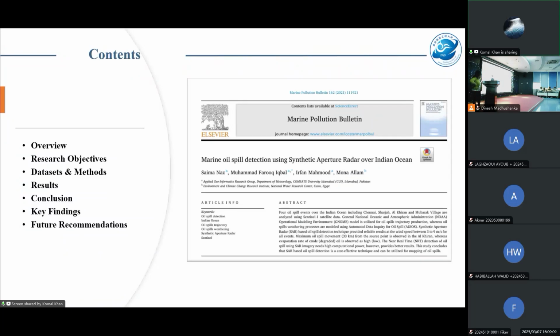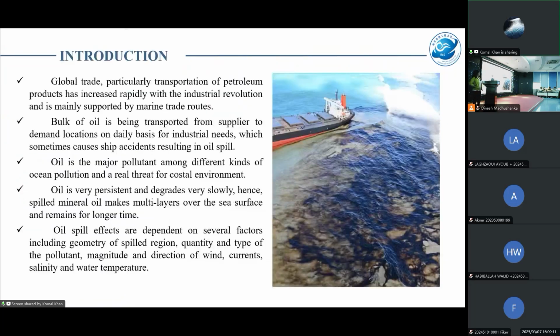How it happens? Basically, with the Industrial Revolution, oil transportation has increased dramatically because resources are not distributed equally. Some areas are rich in oil, whereas some areas are oil deficient. So to meet the needs of industries, it has to be transported from the supply to the demand location.